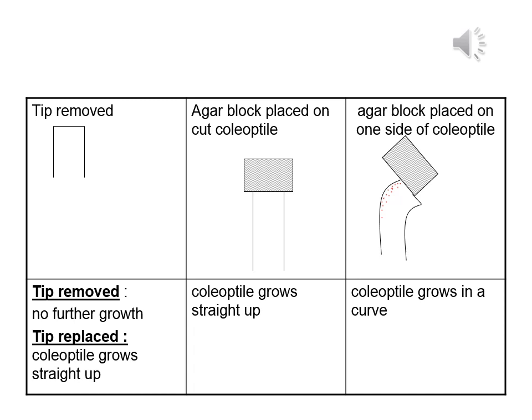Okay, and then experiment number 3, the agar block placed on the side of the coleoptile, and then the coleoptile grows in a curve, because only one side receives the auxin from the agar block.